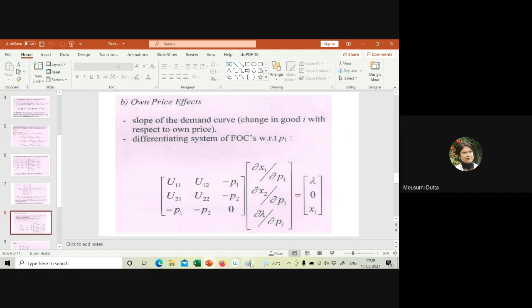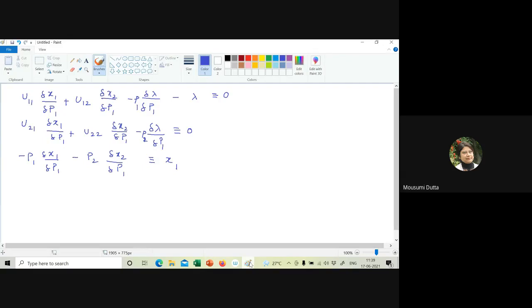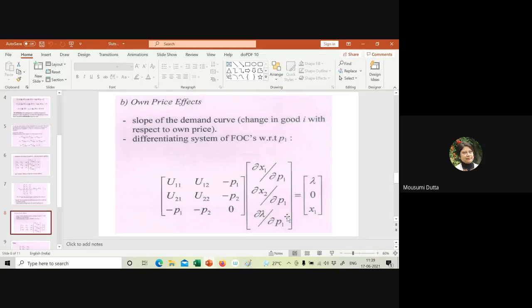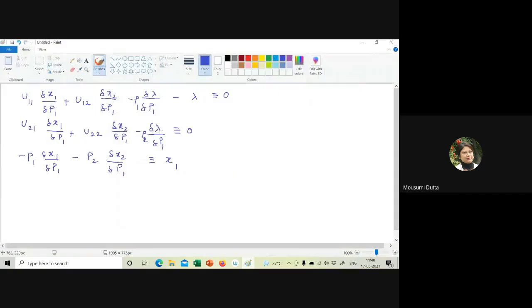The equations are here, and from these equations we are writing the derivatives in this matrix format. If somebody could not complete this part, please tell me.